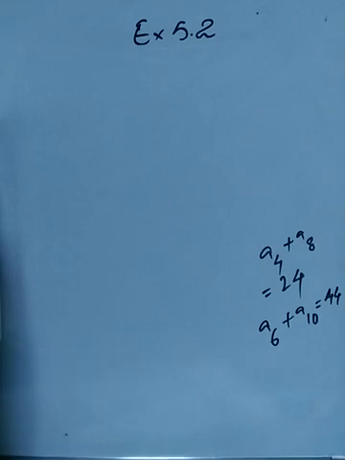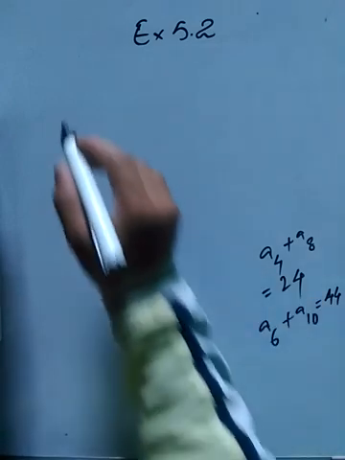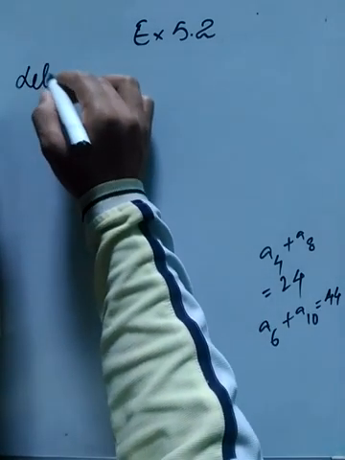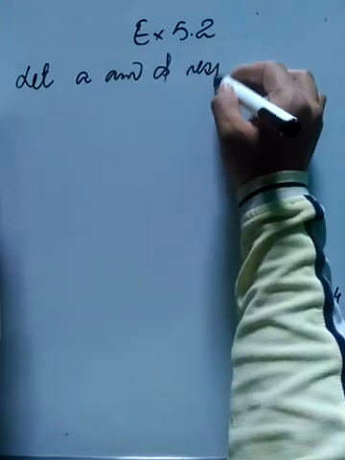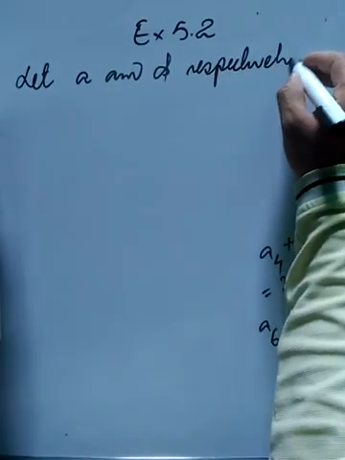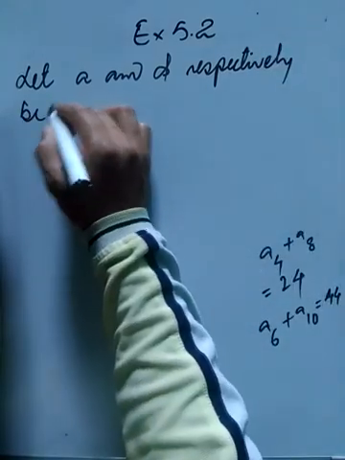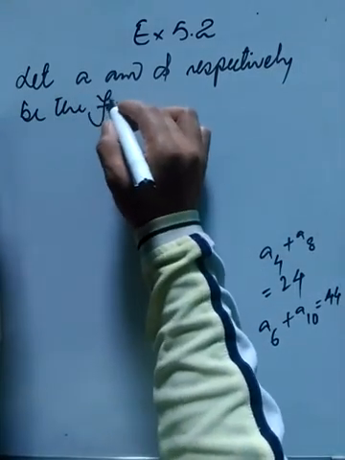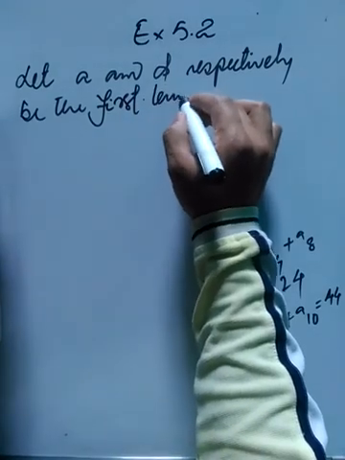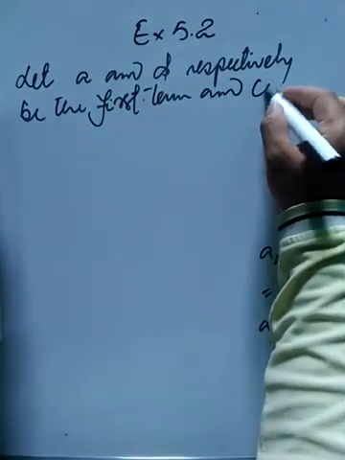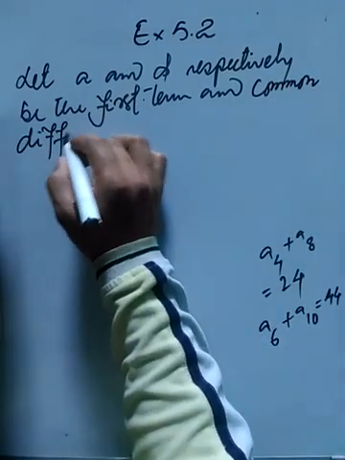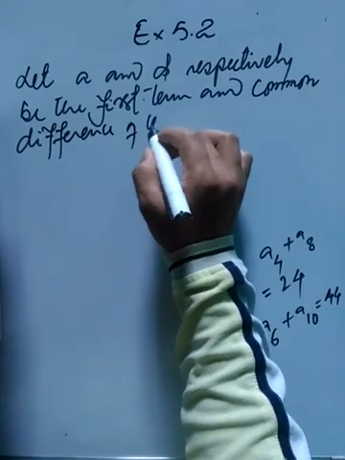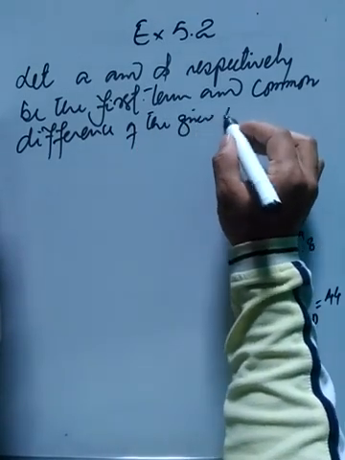So even in this question we do not know the first term and we do not know the common difference. So let me just write here, let a and d respectively be the first term and common difference of the given AP.